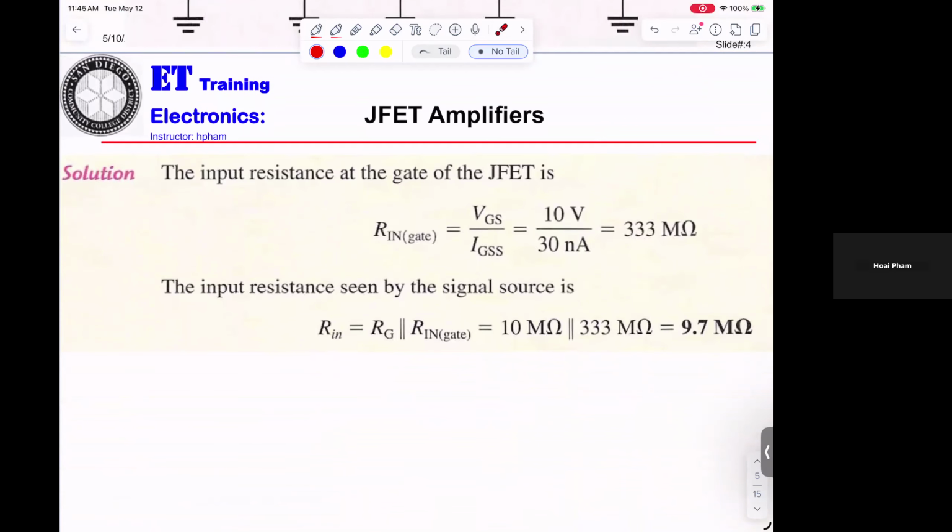The input resistance at the gate of the JFET RIN, okay, equal VGS divided by IGSS. That means you get 333 megaohm.